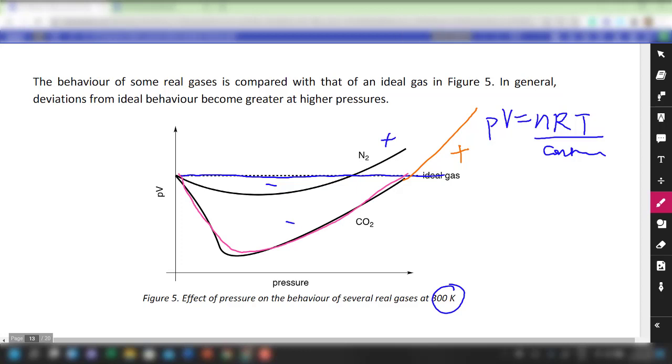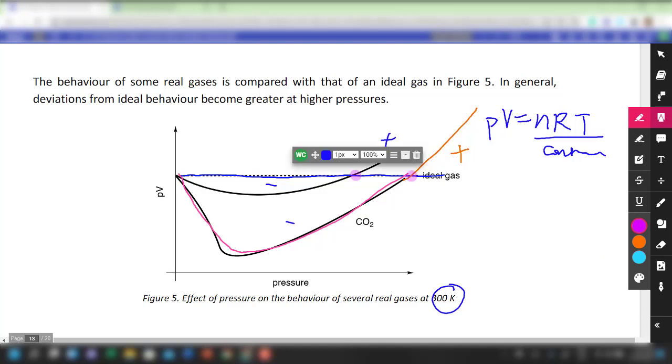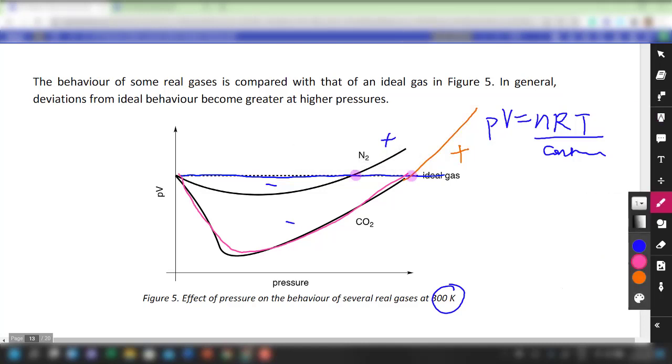Another common misconception students might have is that when the graph cuts the ideal gas line at this particular point, does it mean that they behave ideally? The answer is no, it doesn't mean that they behave ideally. So we don't compare the crossing points.